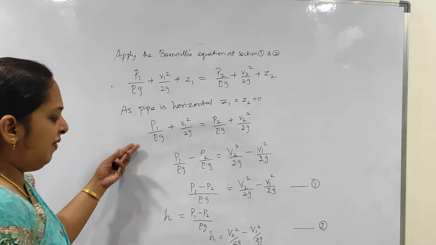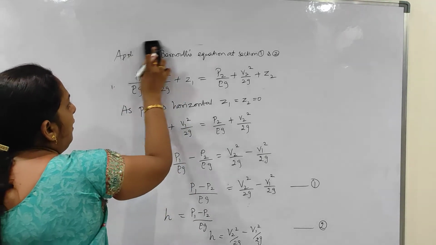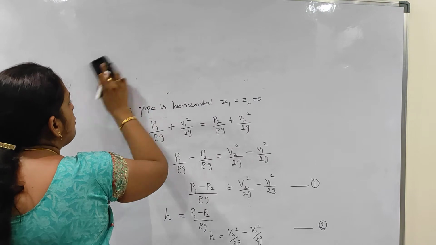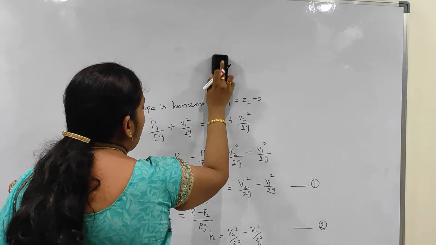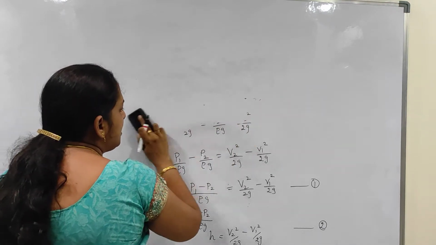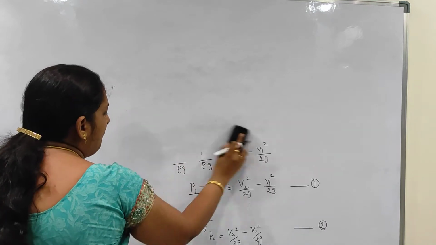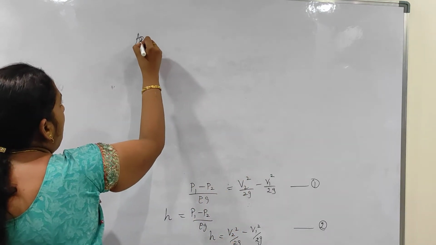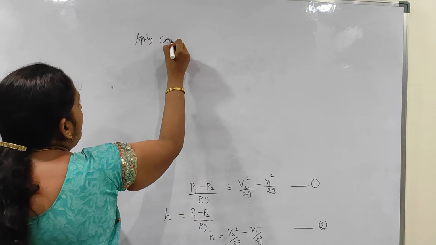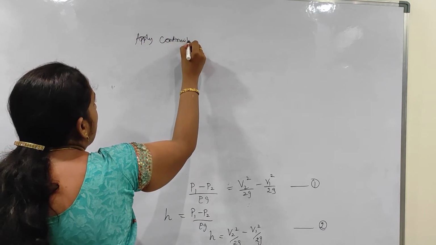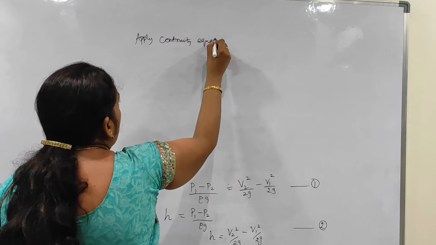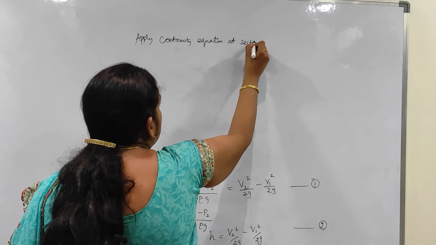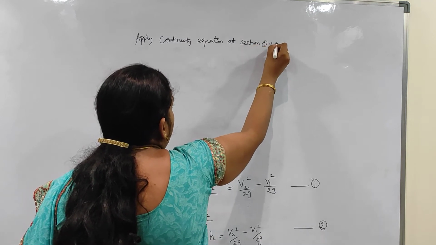Now we will apply the continuity equation. We already studied the continuity equation in the previous chapters. We are going to apply the continuity equation at section 1 and 2, because we are going to find the rate of discharge.